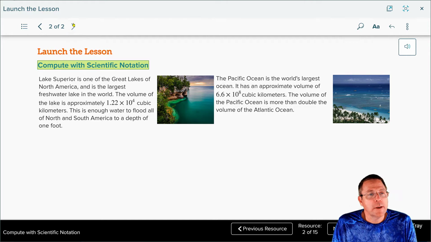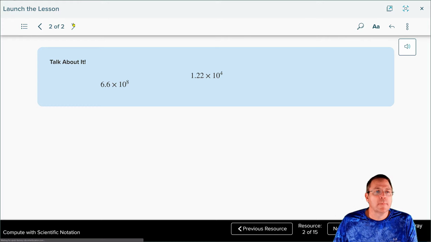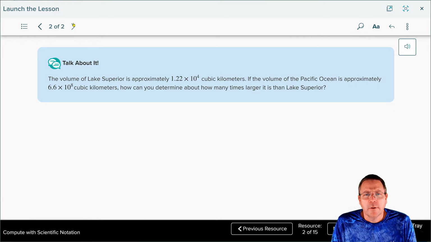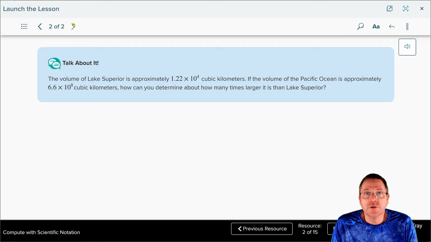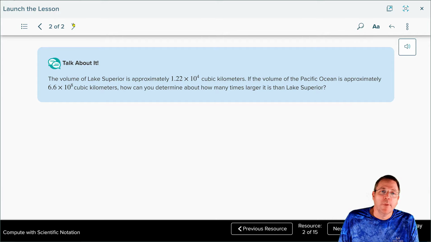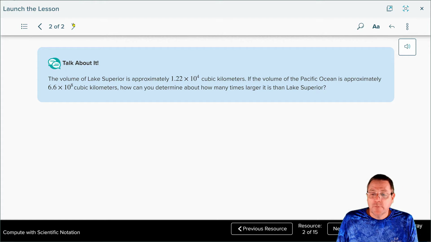From here, they gave us the volume of Lake Superior and the volume of the Pacific Ocean, and they ask how much larger the Pacific Ocean is than Lake Superior. These are the kind of things we're going to learn about in this lesson.